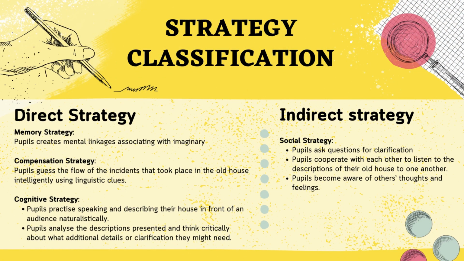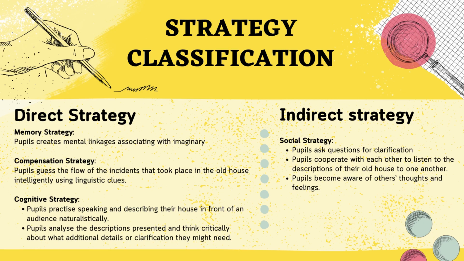First, we look into the strategy classification. There are a few strategies implemented in this activity. First, under direct strategy, the first one is memory strategy. People create mental linkages associating with imagery. Second, compensation strategy.